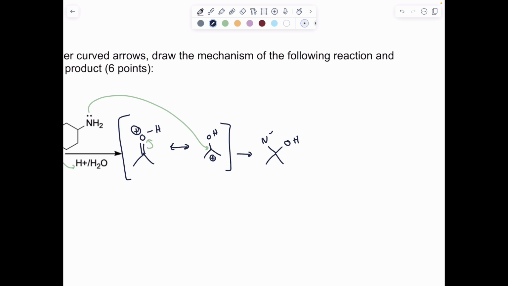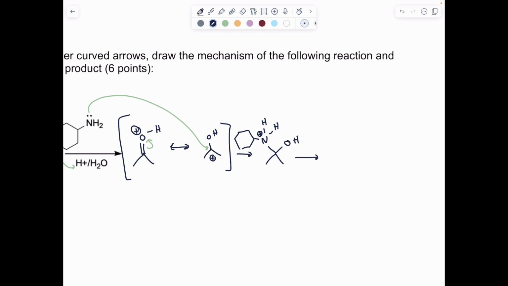The nitrogen still has two hydrogens and this R group, which I'm just going to draw as an R group for now. There we go. Okay, and we know that this is positively charged because the nitrogen has 4 bonds.